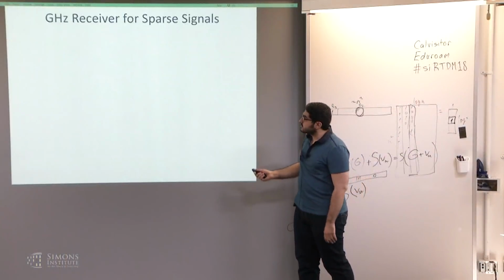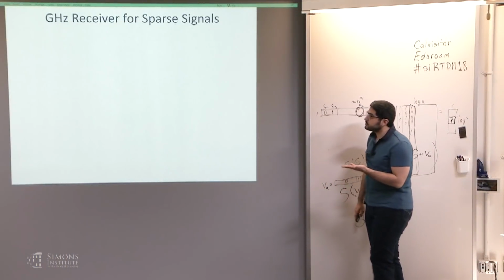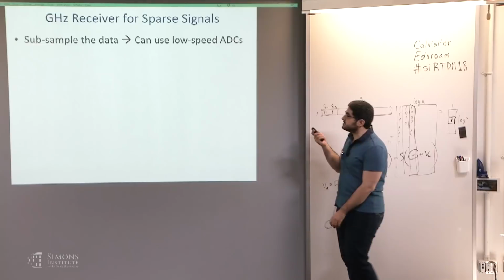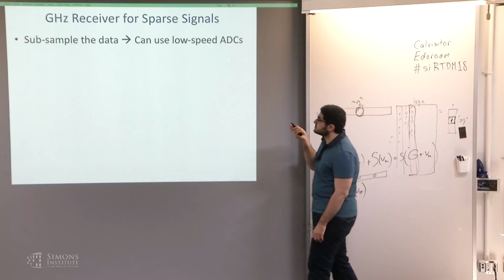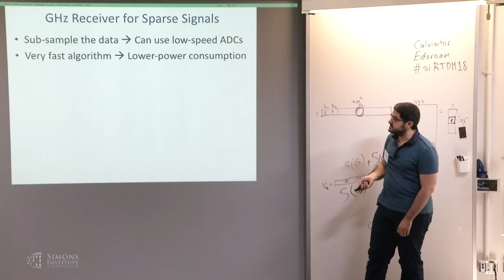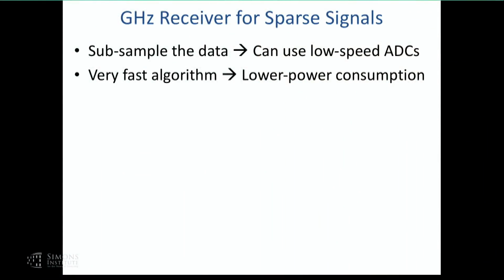Okay? So with that, we can actually build a gigahertz receiver, because we subsample the data uniformly, so we can use a bunch of low-speed ADCs, and we have a fast algorithm which won't consume a lot of power.